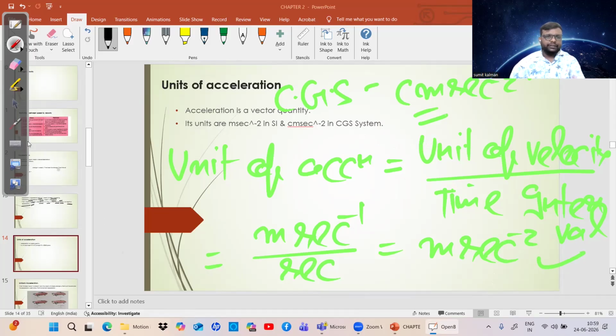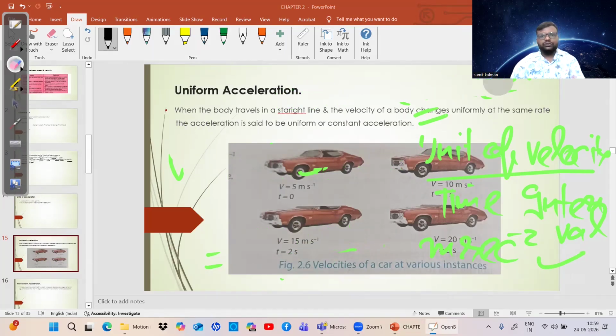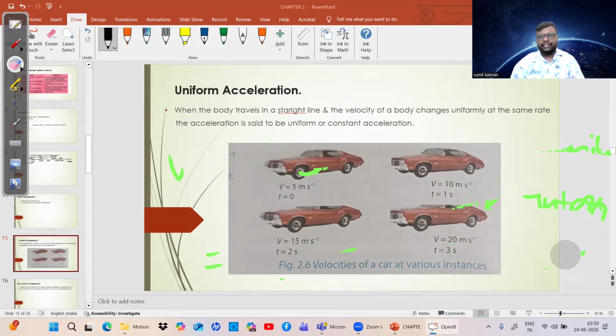Next is uniform acceleration. Now friends, we will see what is uniform acceleration.